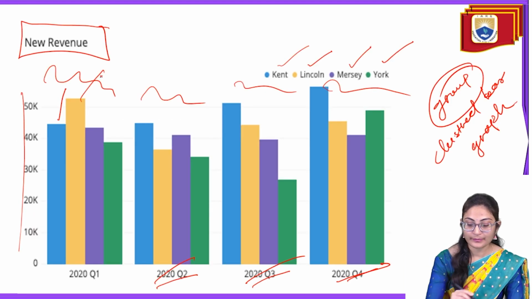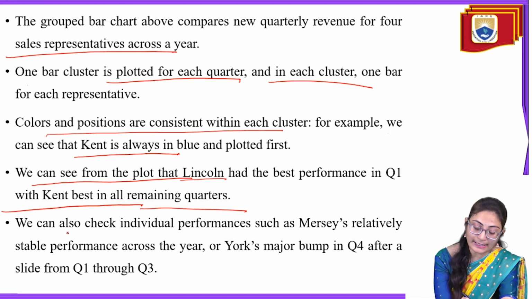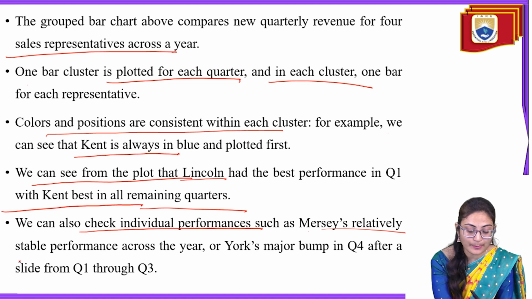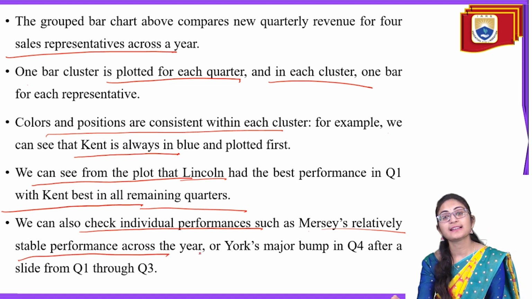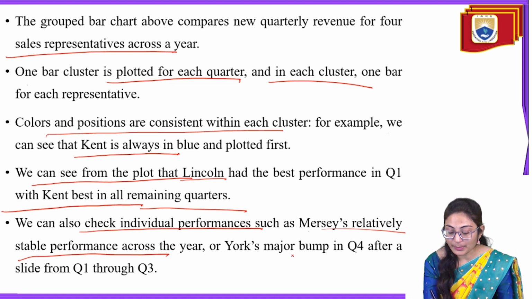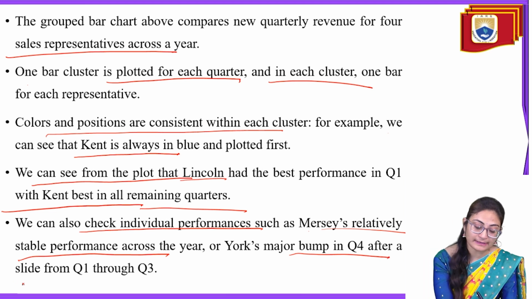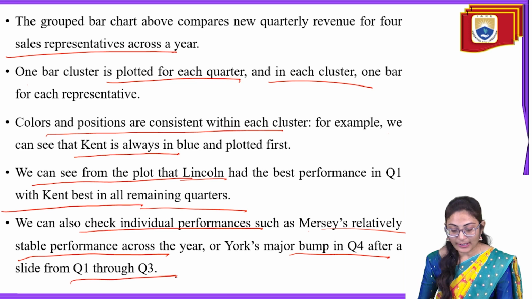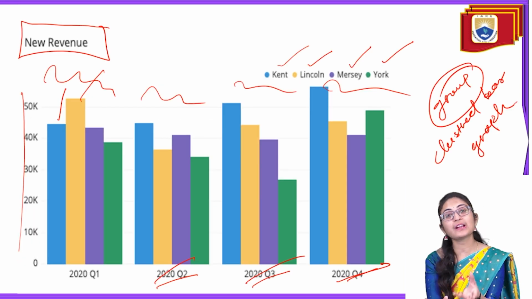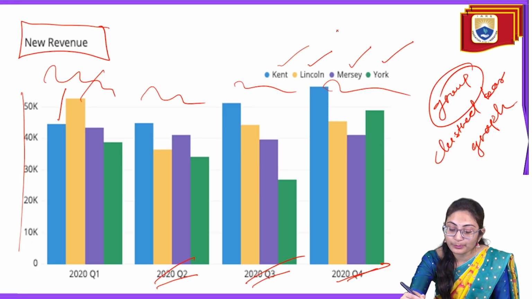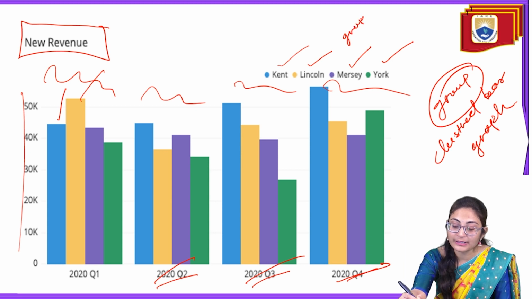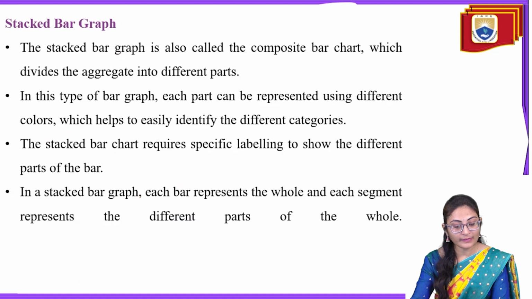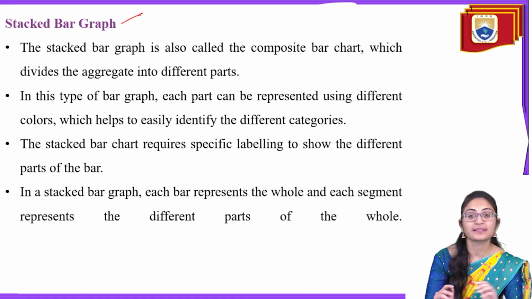Then after that, we can also check the individual performance, such as Mercy's relatively stable performance across the year, or York's major bump in quarter 4 after a slide from quarter 1 through quarter 3. So everything we have shown in the group bar graph, or we can say in the cluster bar graph.